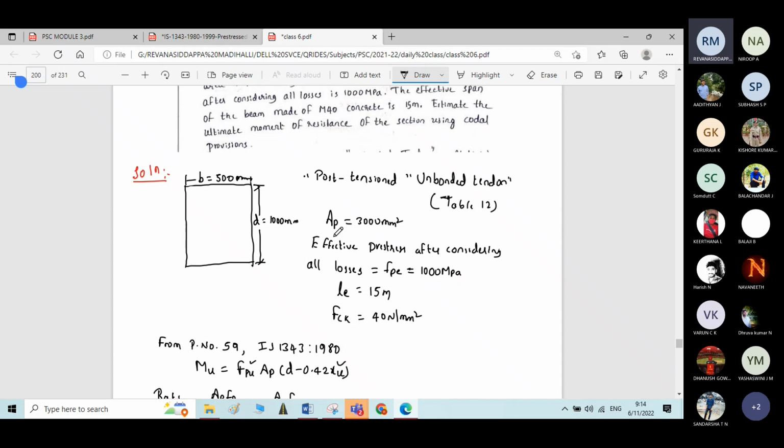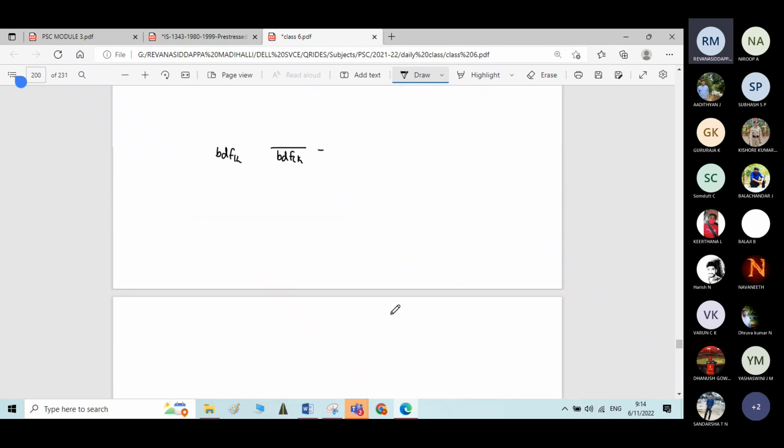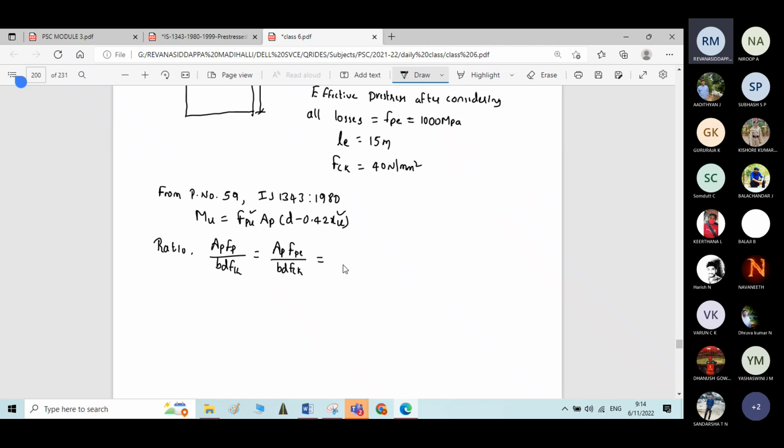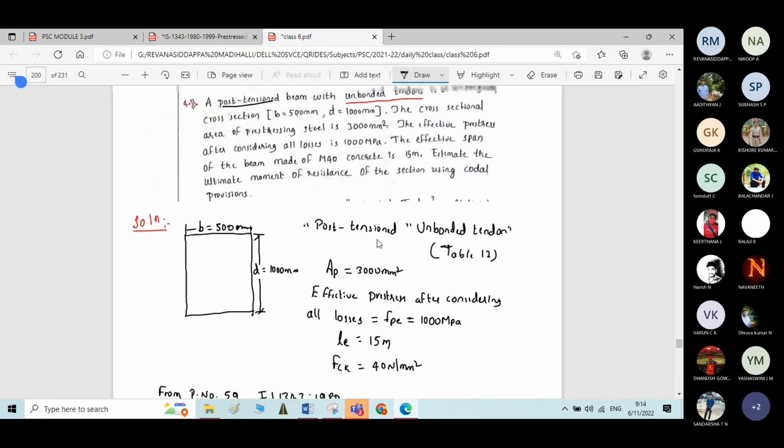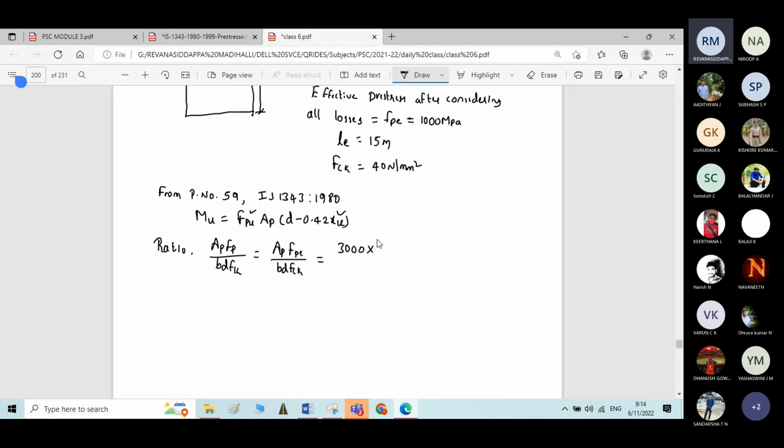Therefore 3000 into FPE, which is 1000 MPa, into 1000, divided by BDFCK. B is 500, D is 1000, FCK is given as 40. Please solve this and get the answer.